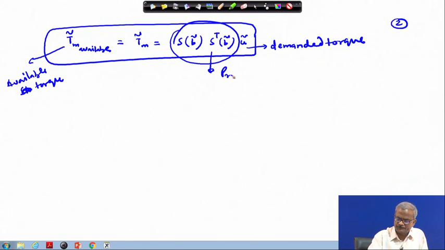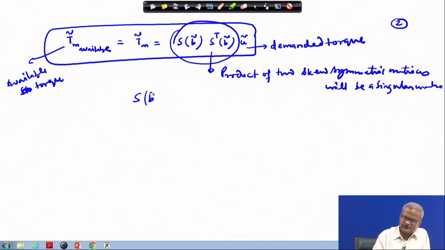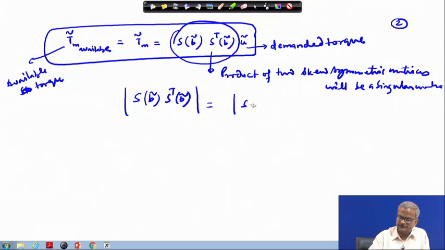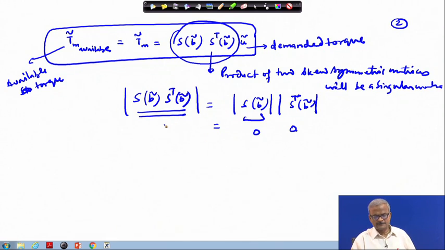Product of skew symmetric matrices will be a singular matrix, because if we take the determinant of this, the determinant of this is 0 and the determinant of this is 0, so the product is also 0. So, this constitutes our basic equation.